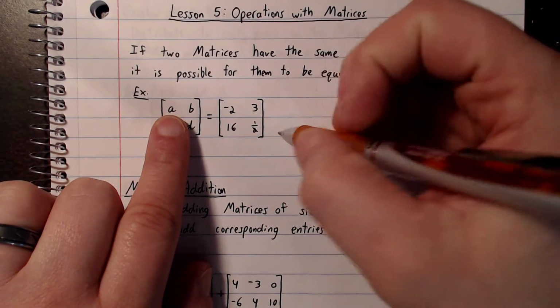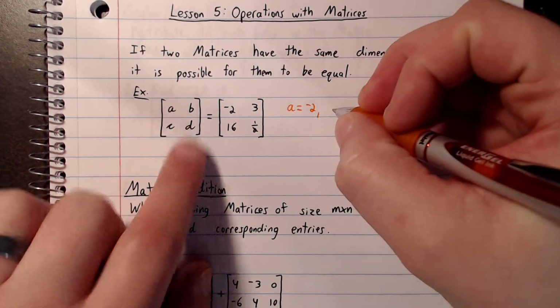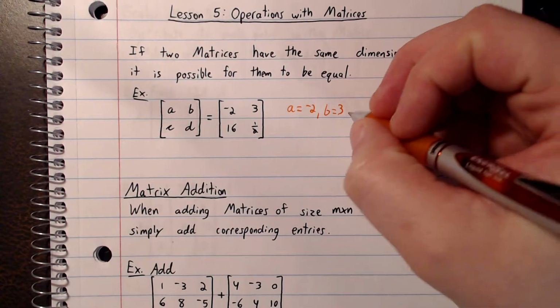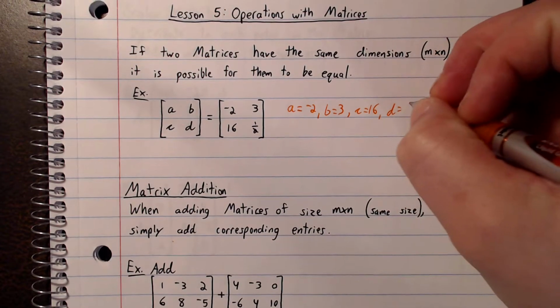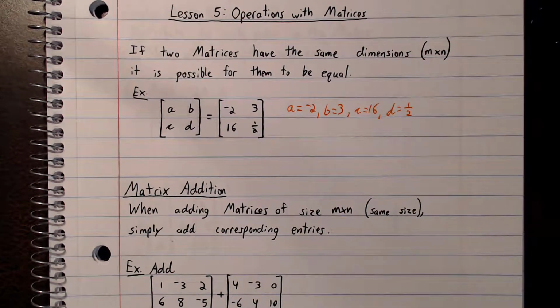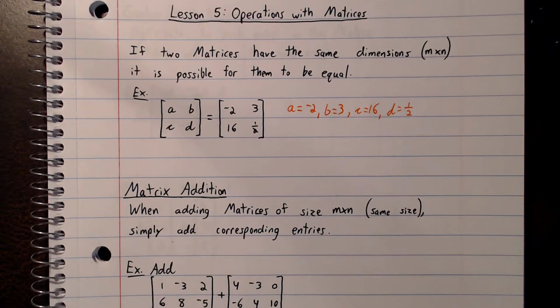So for this example, A is equal to -2, B is equal to 3, C is equal to 16, and D is equal to 1/2. As long as they have the same dimensions, each corresponding entry we can set equal.